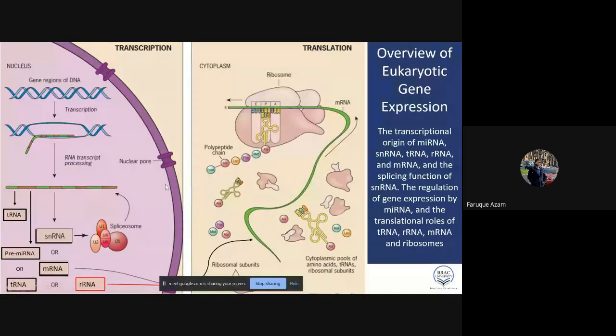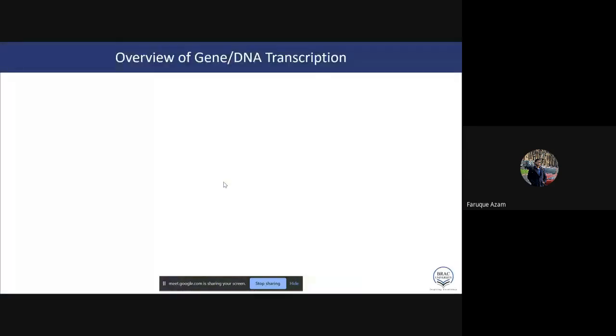After the transcription, the RNA is modified, and then the modified RNA can leave the nucleus and enter the cytoplasm, where it can carry out its function. It can either be translated or control other cellular processes. So gene expression, gene transcription, or DNA transcription is the same thing.